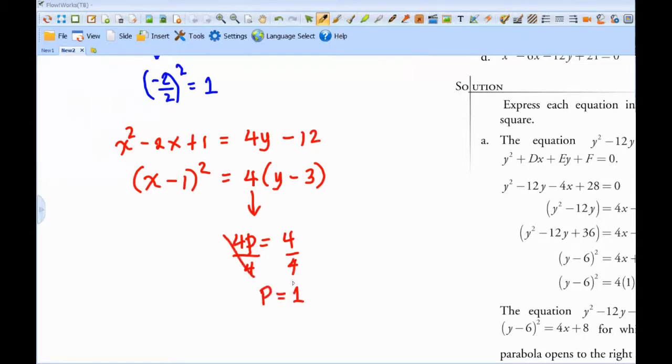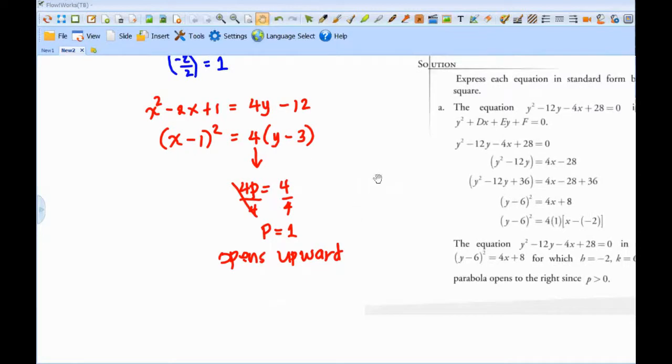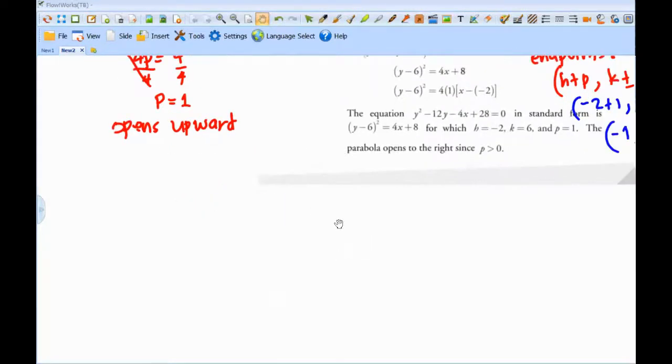So 1 is positive, so the parabola opens upward. Okay? So you know what to do when it opens upward. So we have the rule and we have our equation of the parabola that opens upward, right?